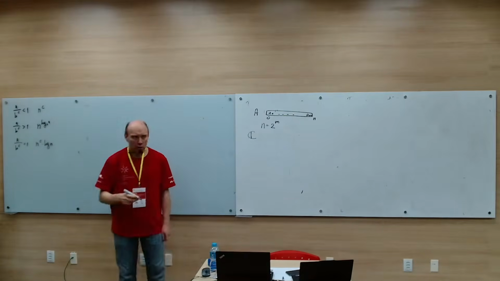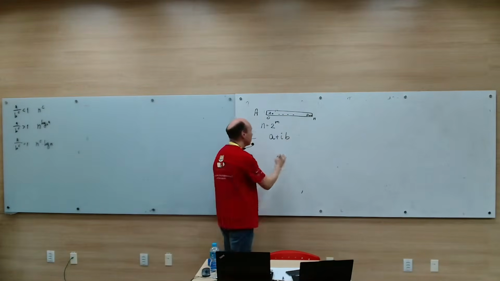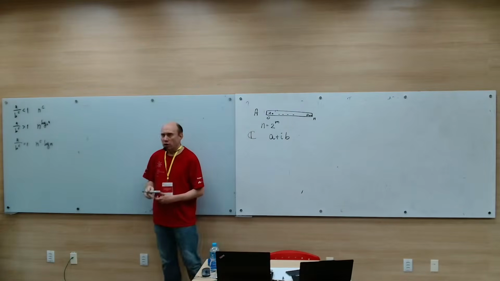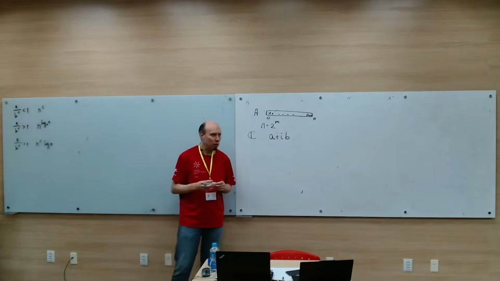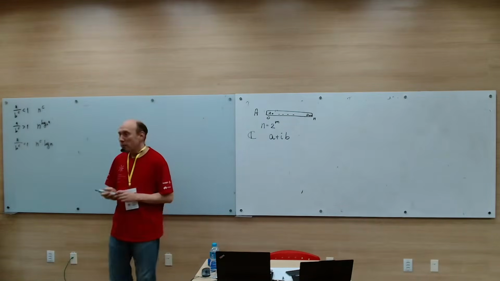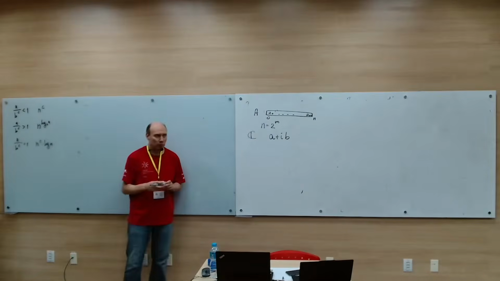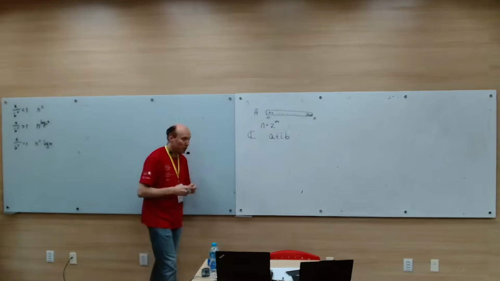I remind you that a complex number has the real part and the imaginary part, which is denoted by i, usually in mathematics, and by j for some reason in C++. I don't know why. Maybe I know why. Probably it is from the time when 1 and i were very similar.